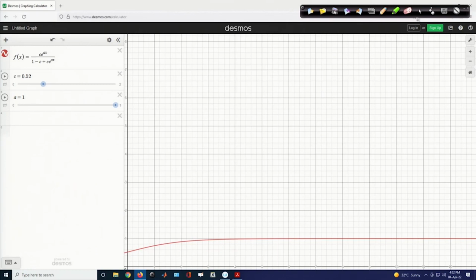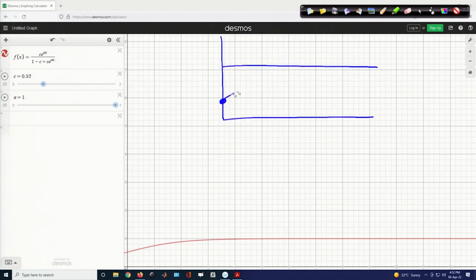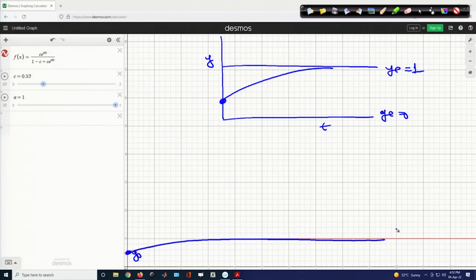So, can we quickly draw what we drew previously? We had drawn this, right. This is y, this is t, y equilibrium is equal to 0, y equilibrium is equal to 1, and you see asymptotically this curve starts from y 0 and asymptotically reaches 1.